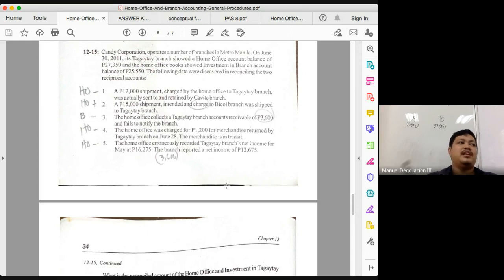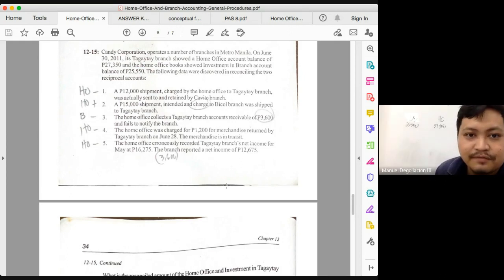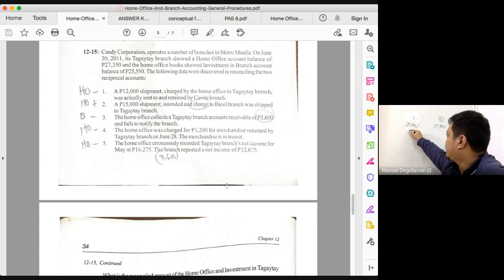But does that have any effect on the reciprocal accounts for Nova branch? Yes. Okay, this would be an adjustment to the investment in branch account of Nova branch in the amount of 12,000.